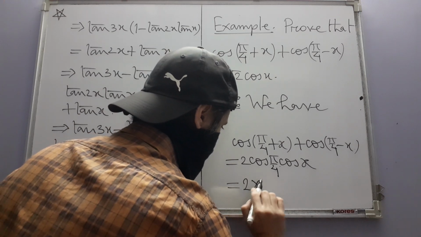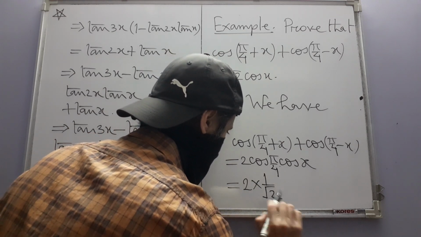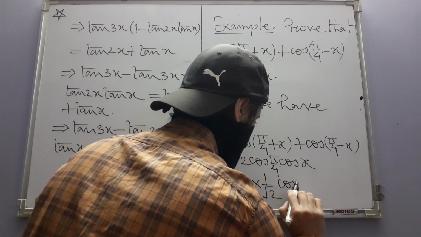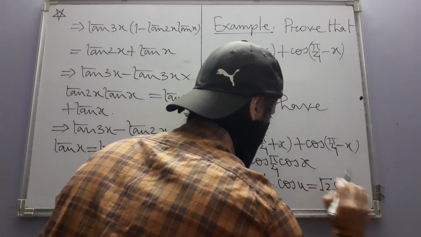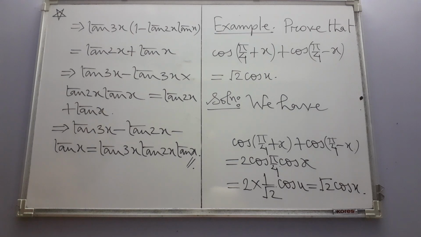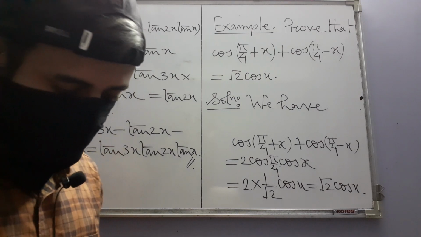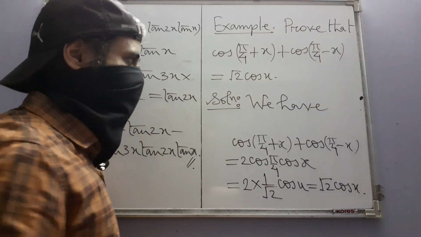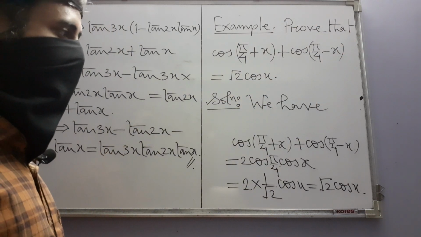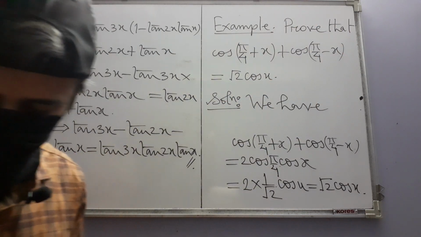So what is cos pi over 4? 1 over root 2. But you do see in the textbook the cos x plus cos y formula has been used. That also you can do.